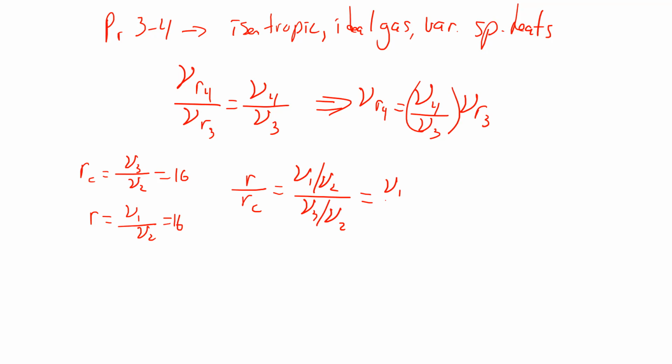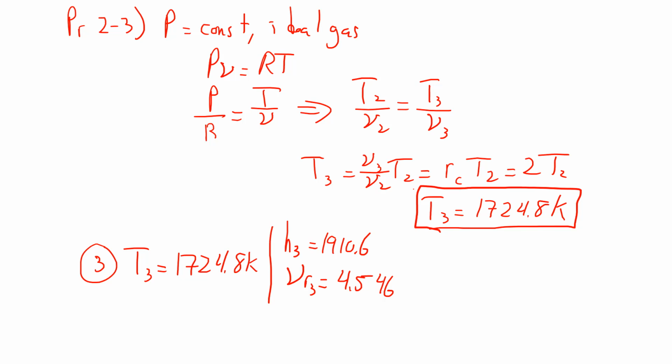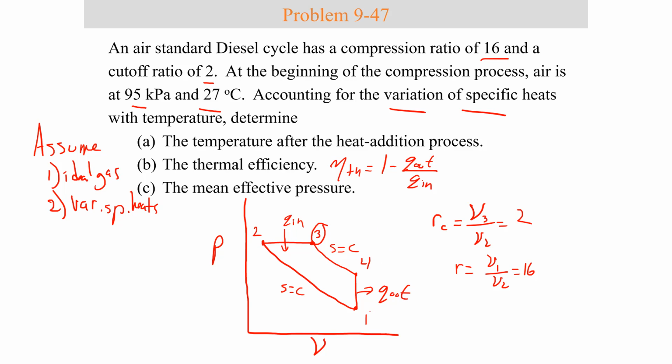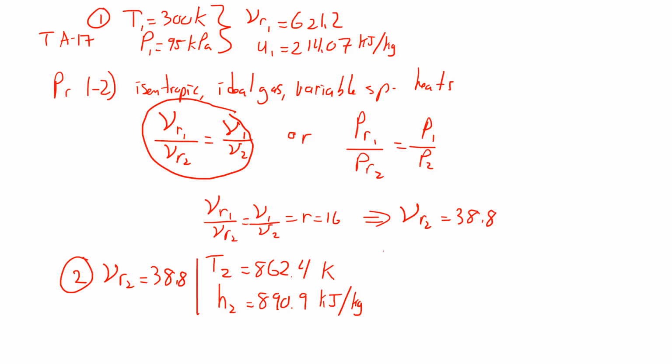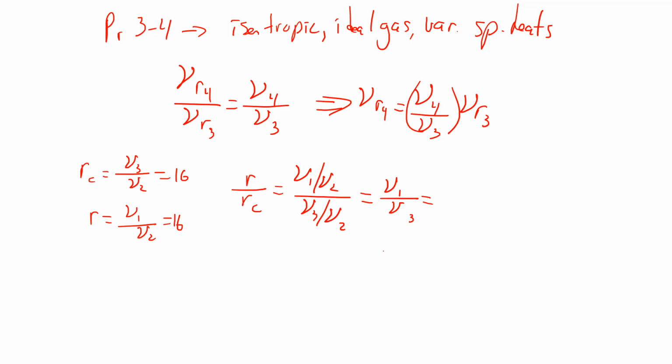This simplifies to v1 over v3, and if you remember, v1 and v4 are equal to each other. That's a constant volume process, 4 to 1. So v4 is equal to v1. I can replace this with v4 over v3, which equals 8. Therefore, the relative volume at state 4 is equal to 8 times the relative volume at state 3.